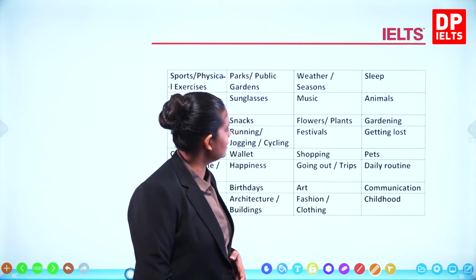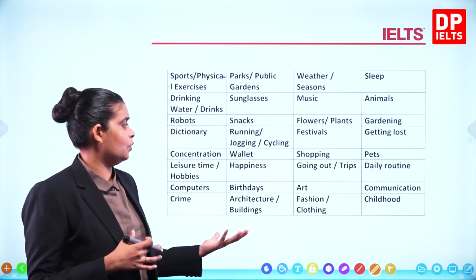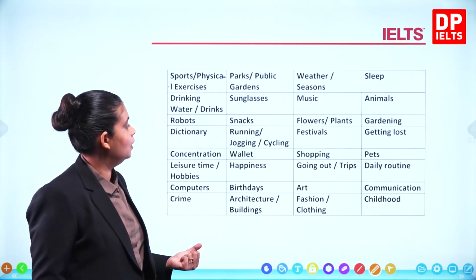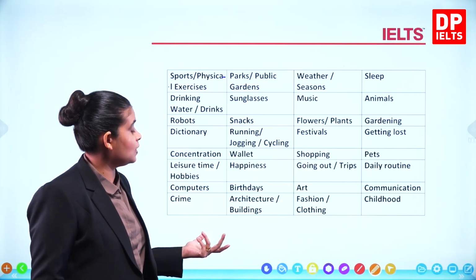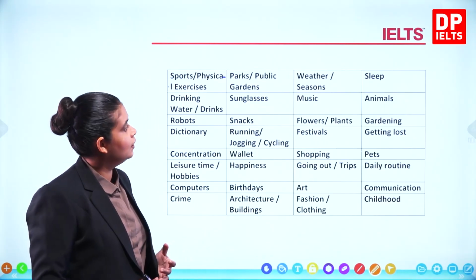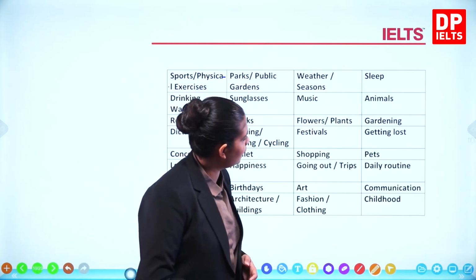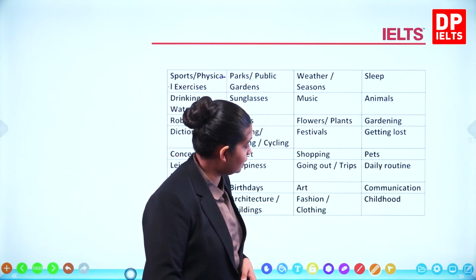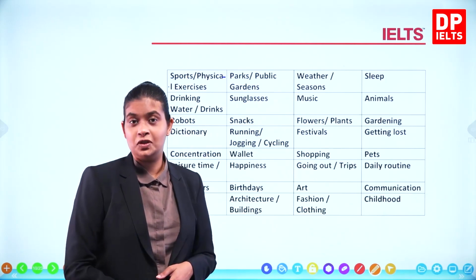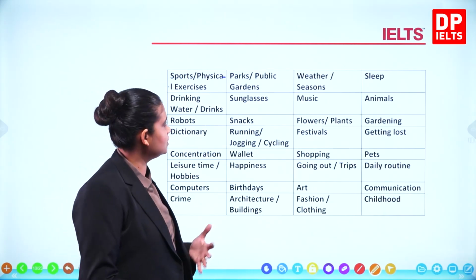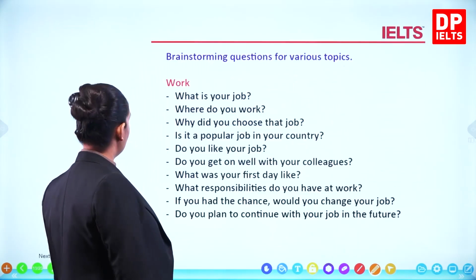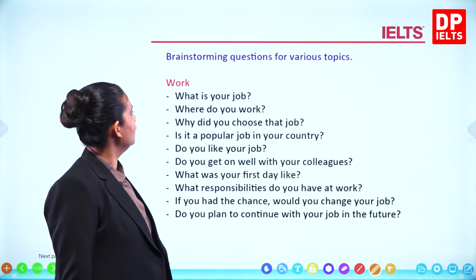Flowers, plants, again we've got festivals, maybe alone, not linked with travel. Shopping, going out on trips, art, fashion or clothing. Sleep, animals, gardening, getting lost, pets, daily routine, communication, childhood. So we've got a lot of topics, or rather lots of topics here.